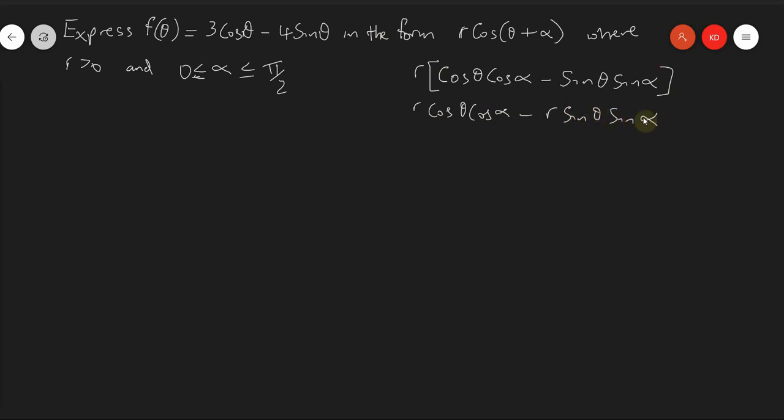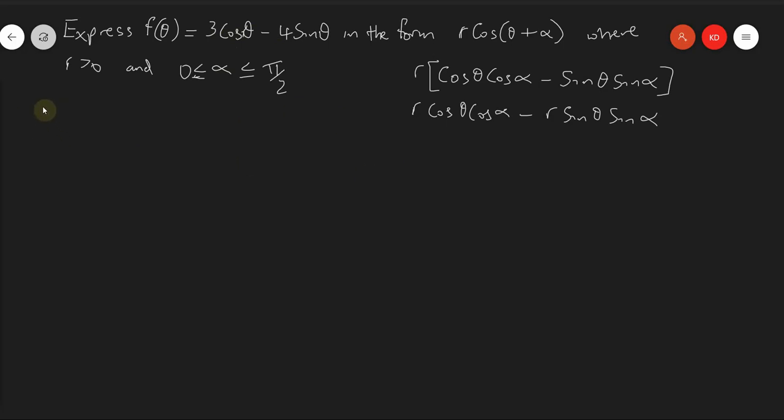Okay, and based on this that we have here, we can say that the coefficient of cos theta from the problem would be equal to r cos alpha.